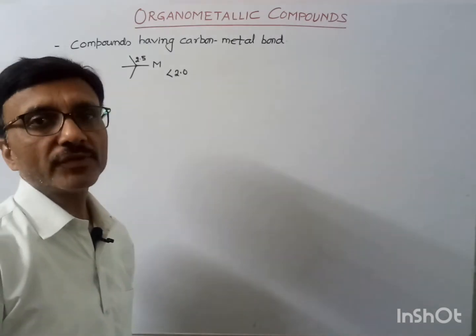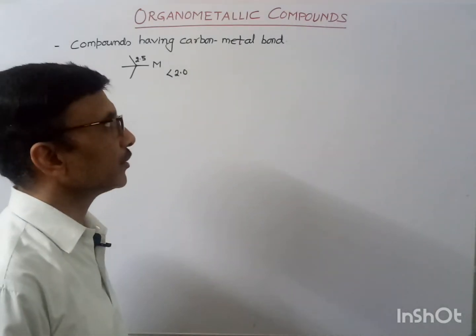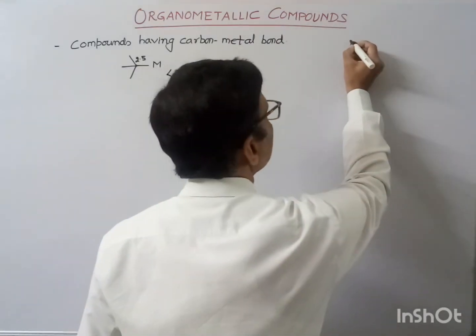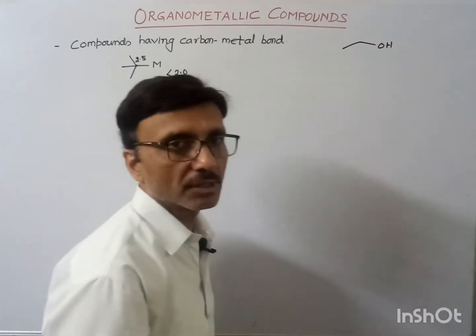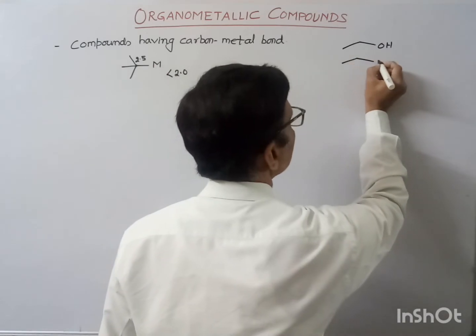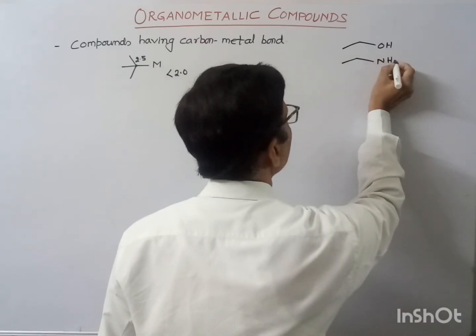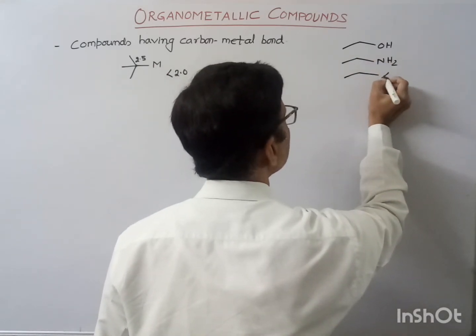Now, usually what we have read in organic chemistry is carbon bonded to oxygen, or carbon bonded to, suppose, nitrogen, or bonded to some halogen atom.